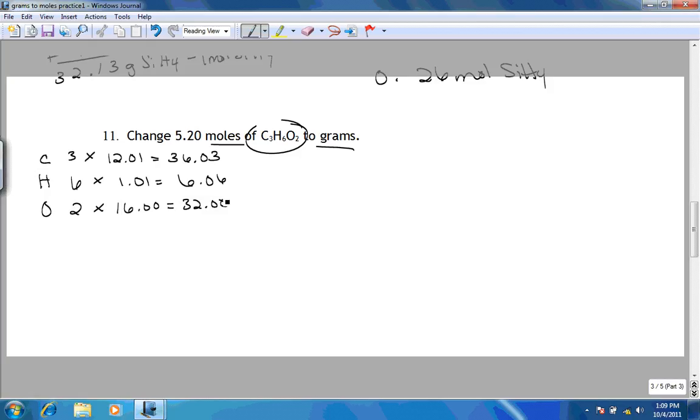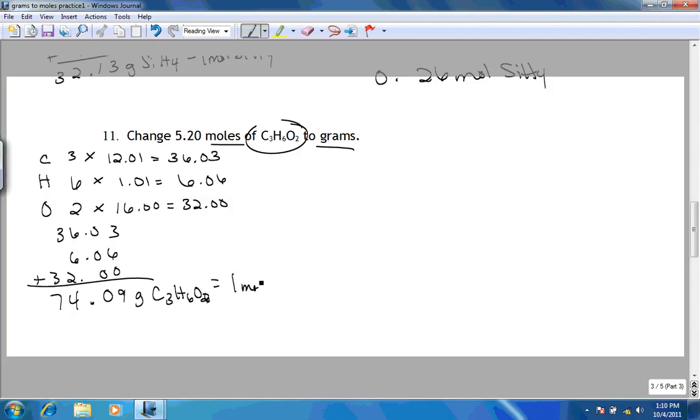To figure out the total molar mass, we're going to add these 3 numbers together. 74.09 is your total molar mass. So that's how many grams is equal to 1 mole of C3H6O2.